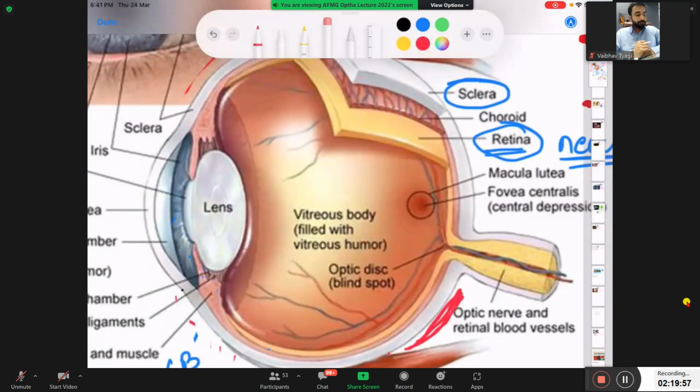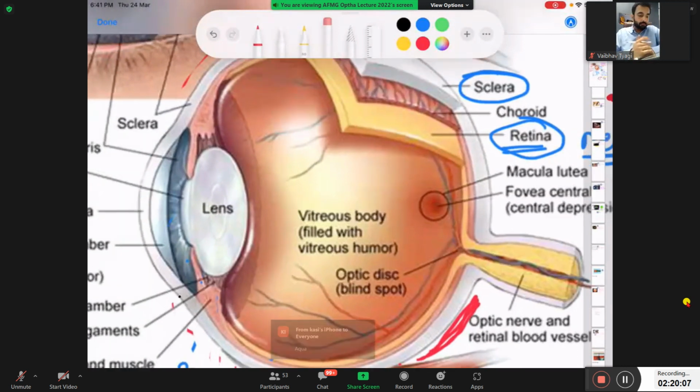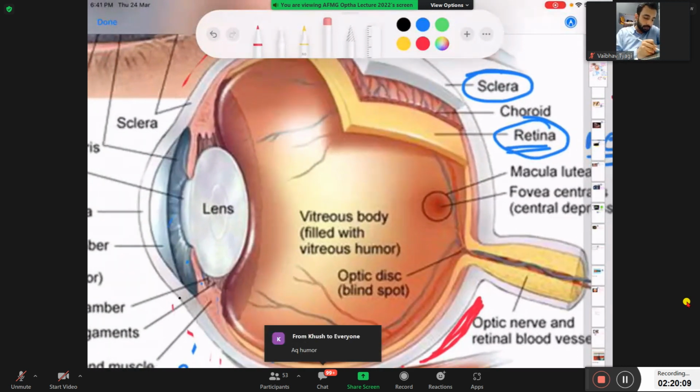As I told you, AC and PC contain which liquid? AC and PC contain aqueous humor, right? So this is the innermost layer of the eyeball, called as.